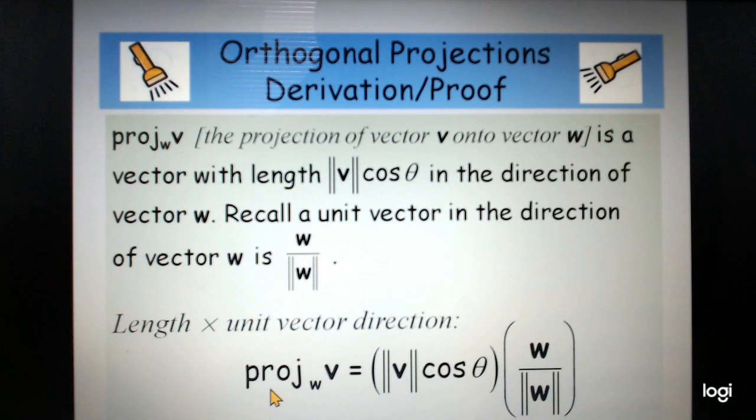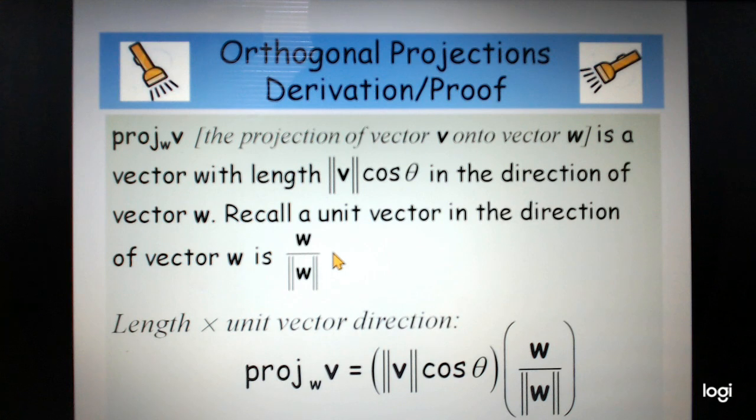To change this into a vector, we want to simply not affect its direction and not affect its length. All we want to do is change it into a vector. So that's like multiplying by a 1. But we have to be careful. We want it to be a vector, so we're going to multiply by a unit vector in the direction of w.